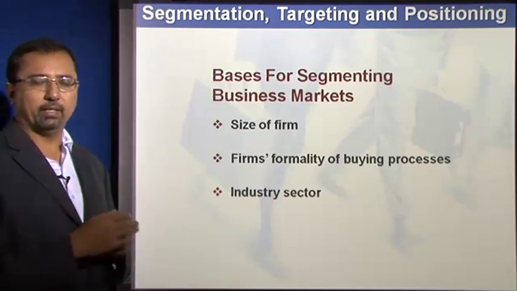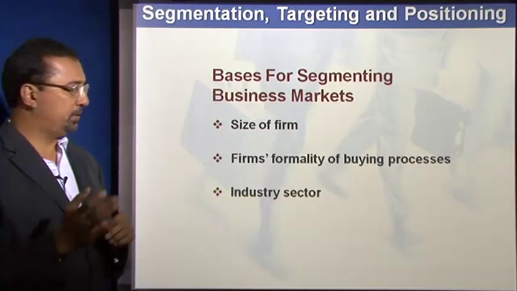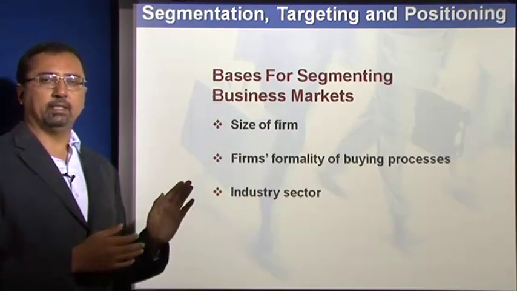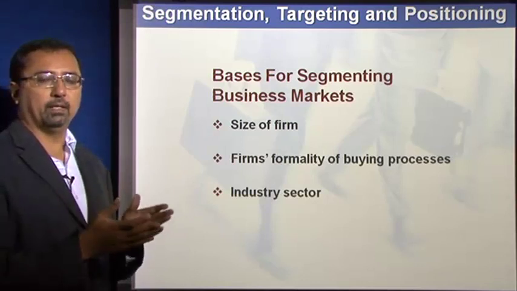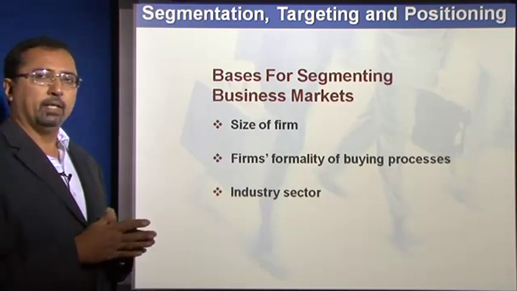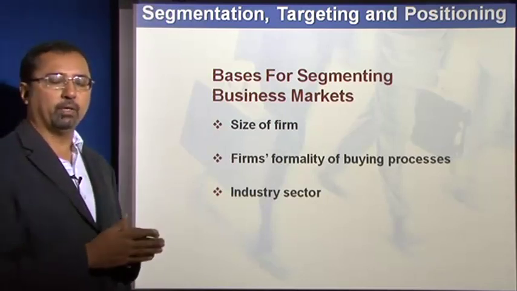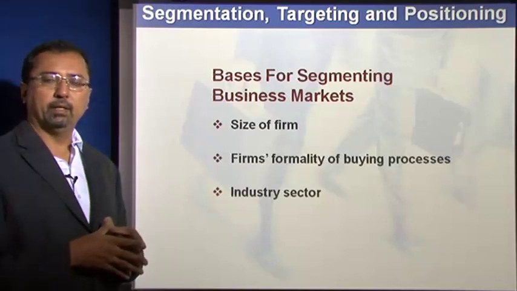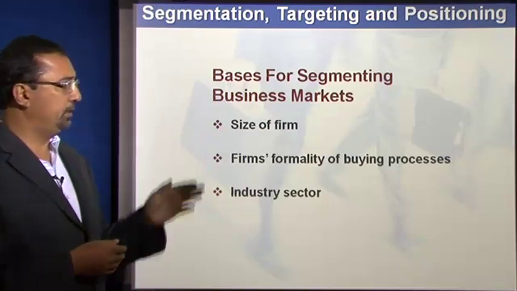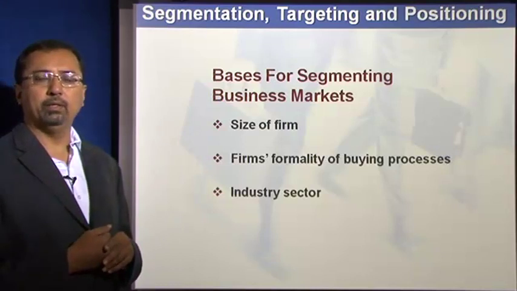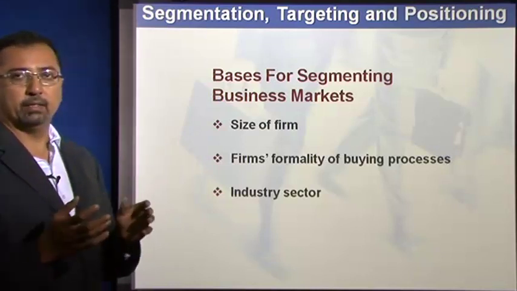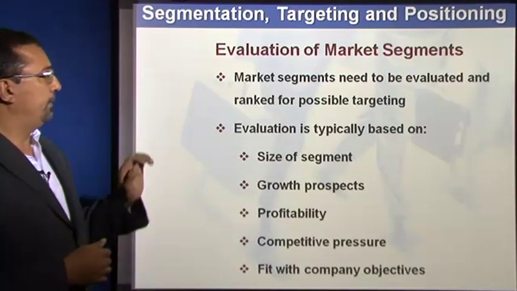Is it tender related, for example, or does it have a more structured auction process? The third is the industry sector, for example mining, telecom, and so forth. Typically these are the bases people use to segment business to business markets, with the first and the third being the most commonly used characteristics in the segmentation process.